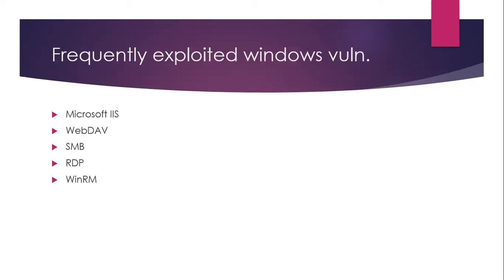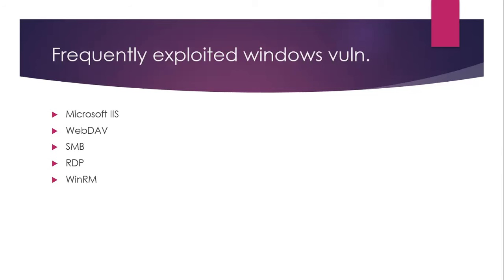So what are the frequently exploited vulnerabilities on Windows? We have the Microsoft IIS server, which is developed by Microsoft. It's a proprietary web server that you can use to host your web applications and all.